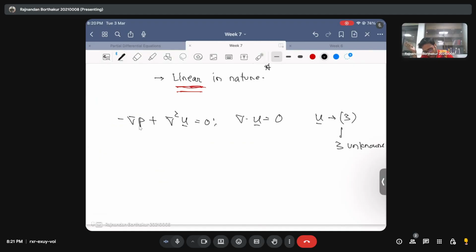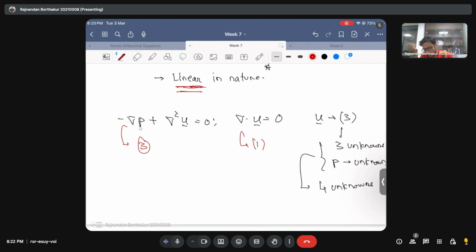Also this pressure is not known, so P is also an unknown, which means I actually have four unknowns. And I also have four equations, because this equation is a vector equation, I can get three equations from it, and I can get one equation from the continuity equation, which is a scalar equation.